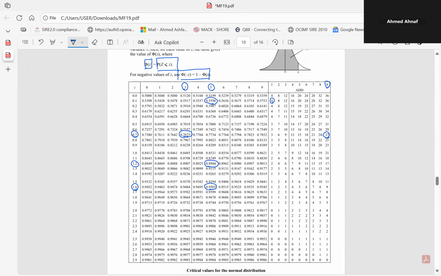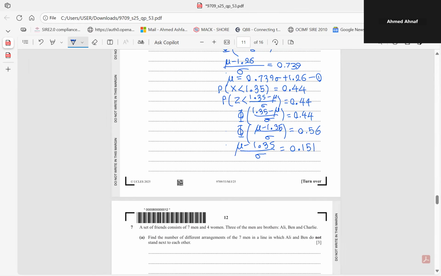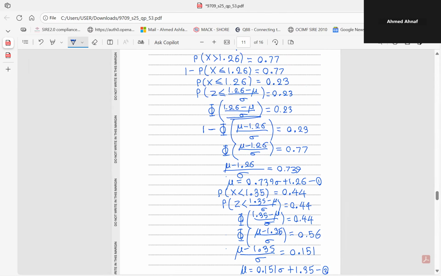So hence our value would be 0.151. I'll just make mu the subject straight away: multiply both sides of the equation by sigma and add 1.35. So this is the second equation.